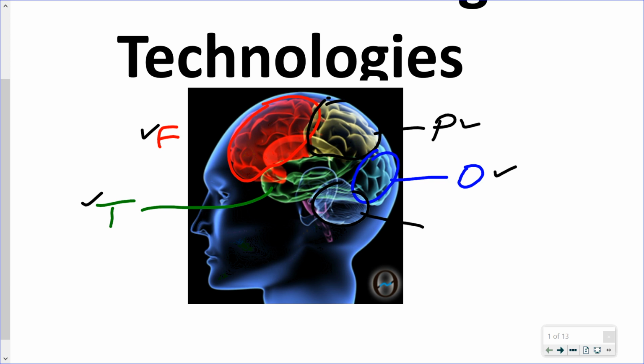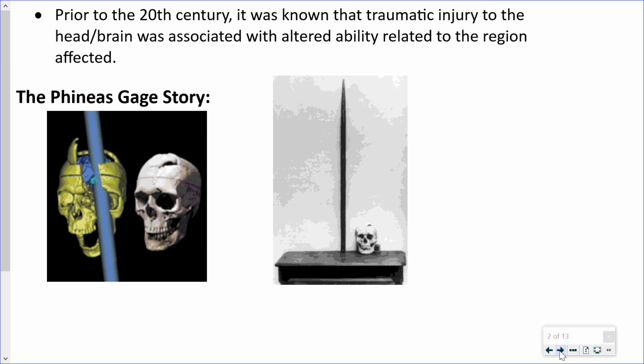So what are brain scanning technologies? They provide information on what parts of the brain are actually responsible for processing different information or initiating certain kinds of activities. How do we know, for example, that the frontal lobe is responsible for voluntary motor control and the occipital lobe for vision?